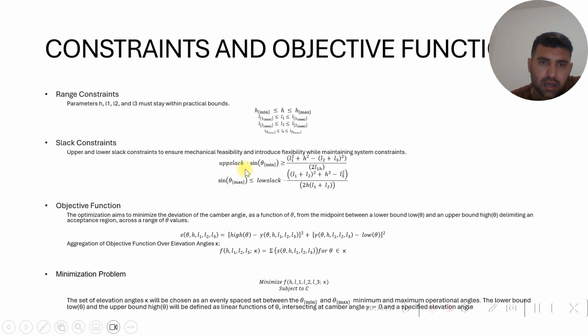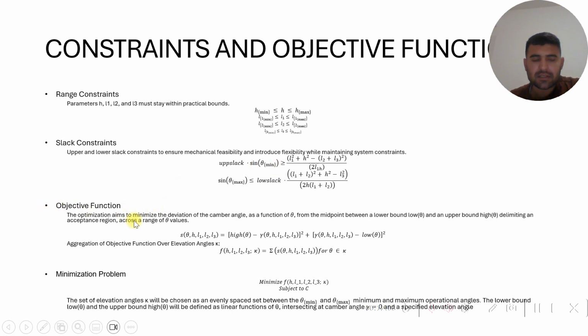So here's an upper slack, with sine theta min greater than or equal to this equation, and the same for the lower slack, it's opposite to this. The max of sine theta is less than or equal to this form.